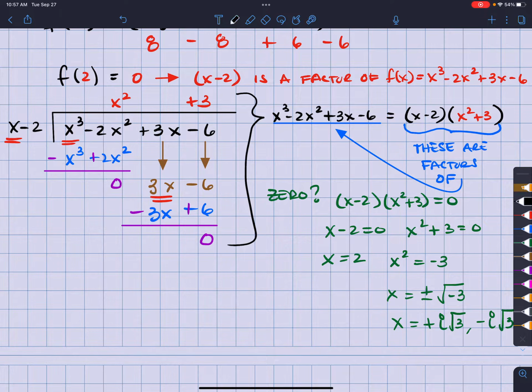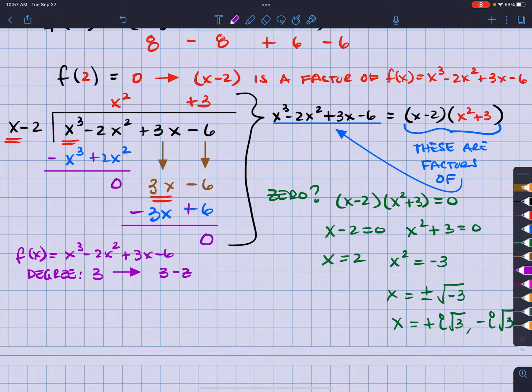So again, let me go and summarize this here. So f of x equals x to the third minus 2x squared plus 3x minus 6 has a degree of 3. What does that mean? That means there's 2 terms, you're right, but it also means that there are 3 zeros.